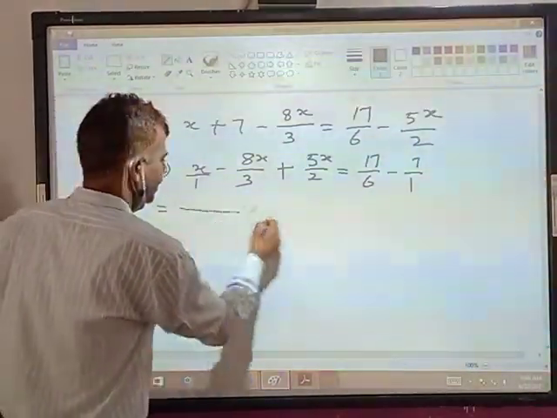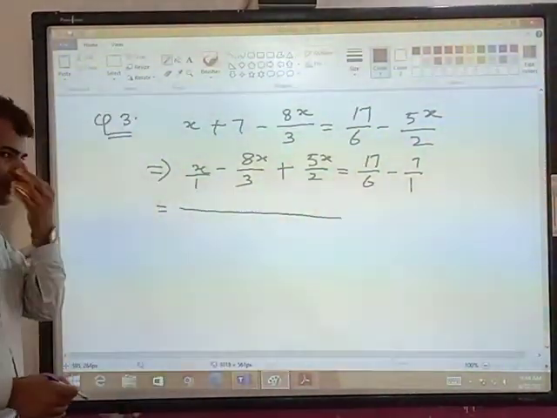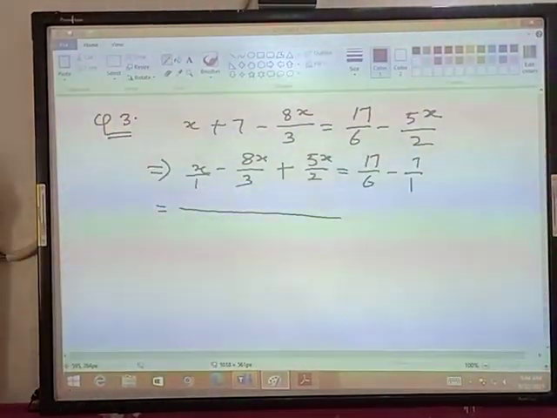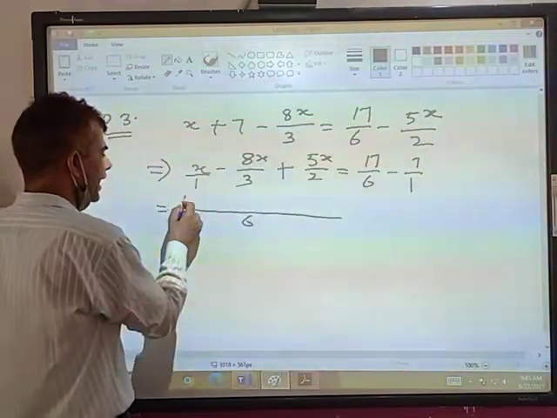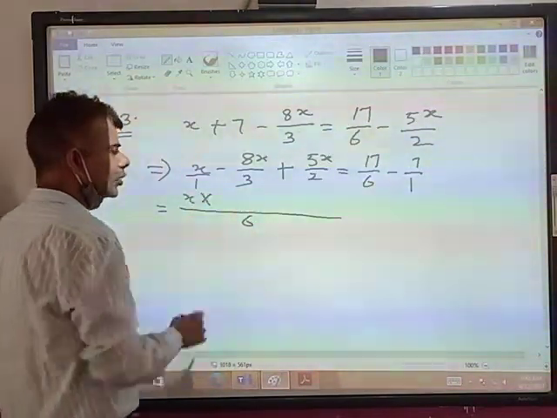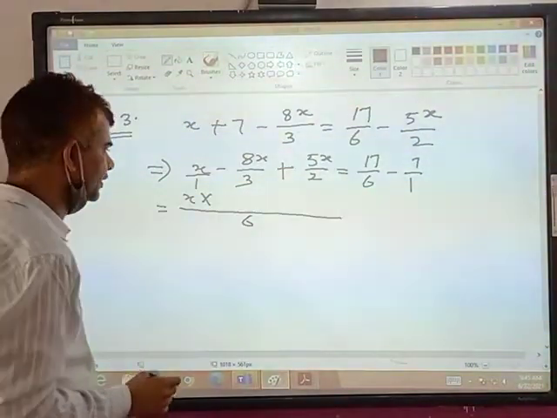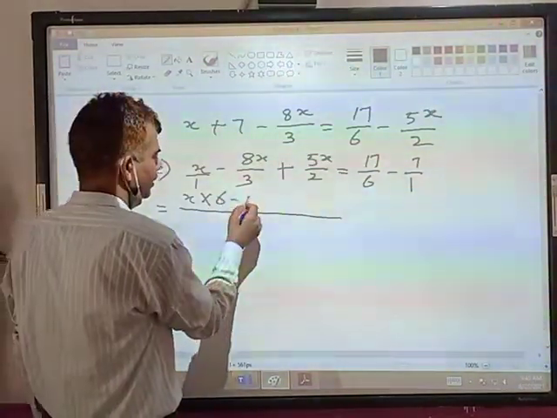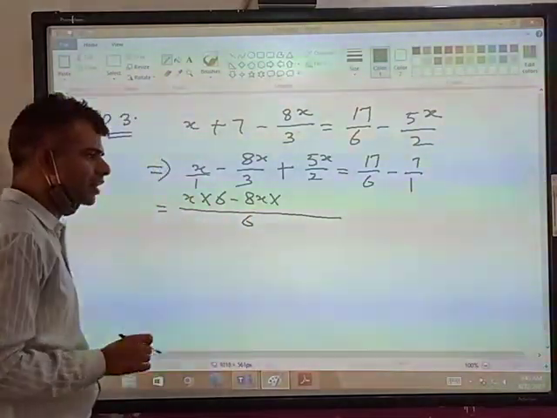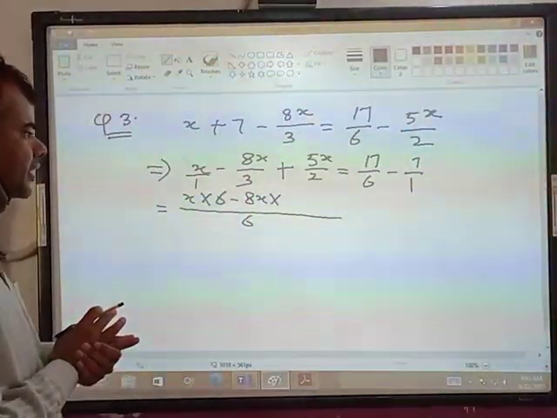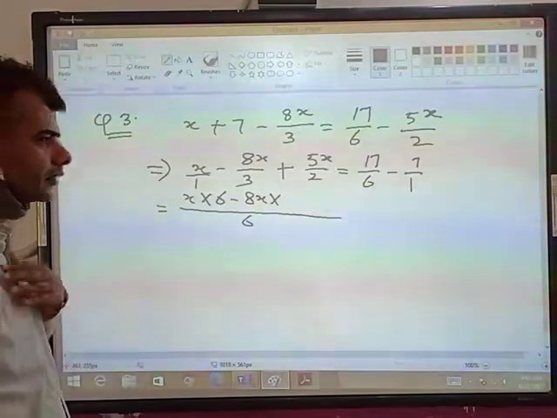Now student, LCM of 2 and 3. LCM of 2 and 3 is 6. Okay student, x as it is, 1 into 6, 6x. Student, how many times does 6 come in the table of 3? 2 times, so −8 × 2, and plus.